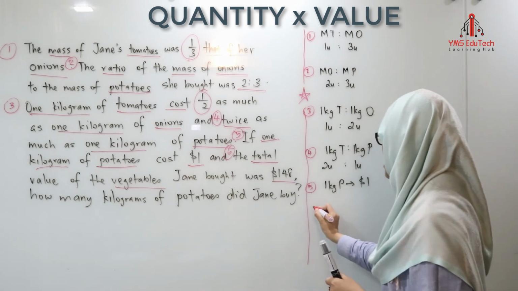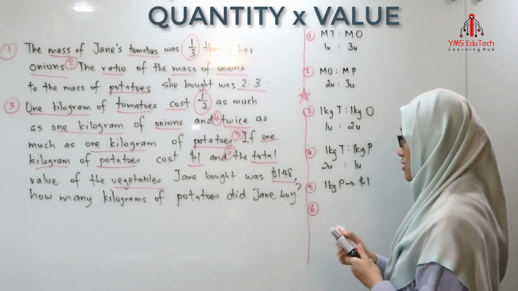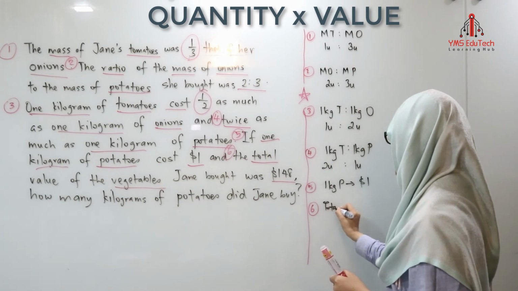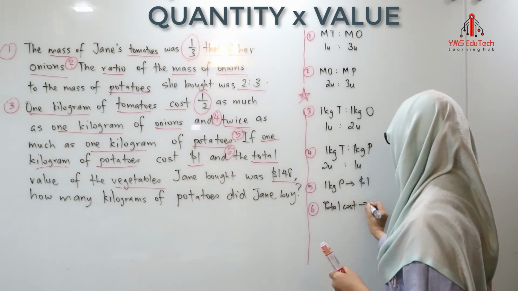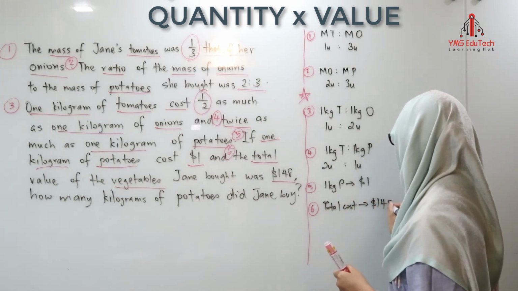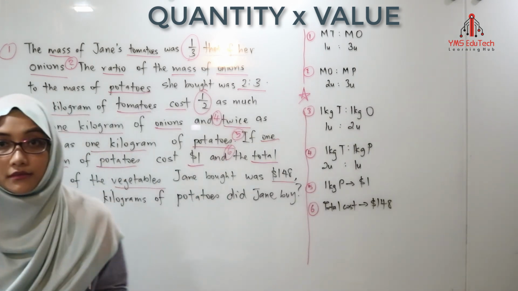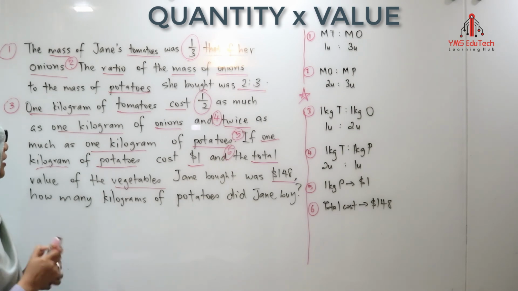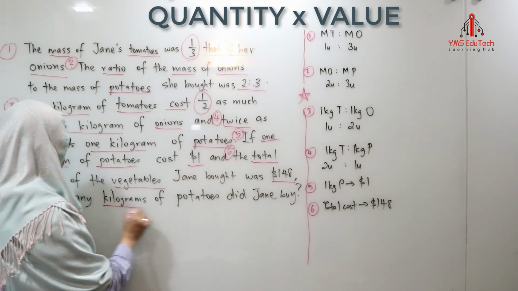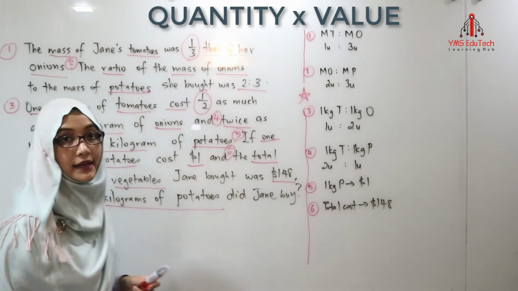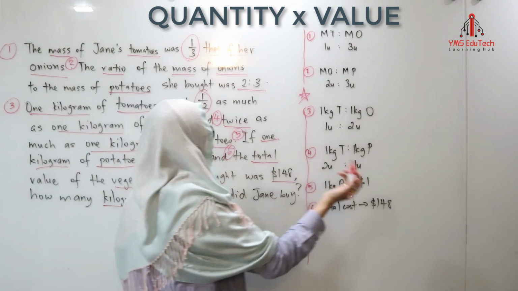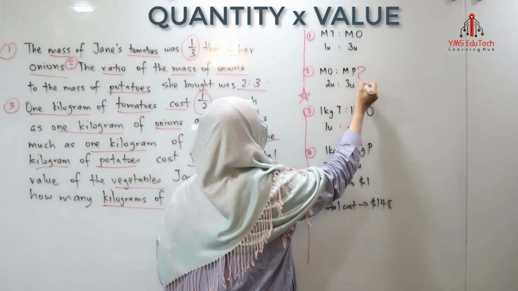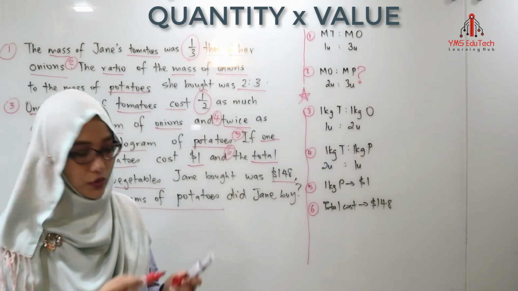Information number 6: total value of vegetables, so total cost, $148. So how many kilograms of potatoes did Jane buy? We need to know how many kilograms of potatoes. I want to find this.